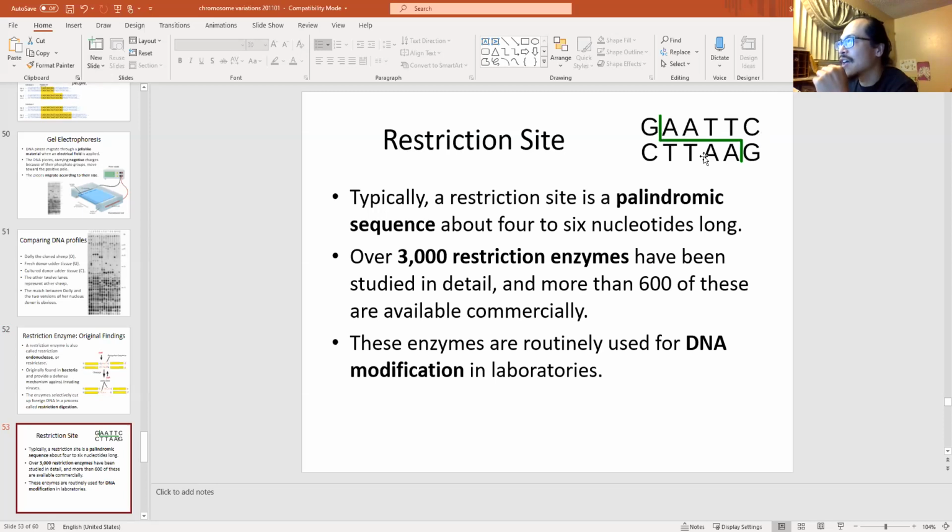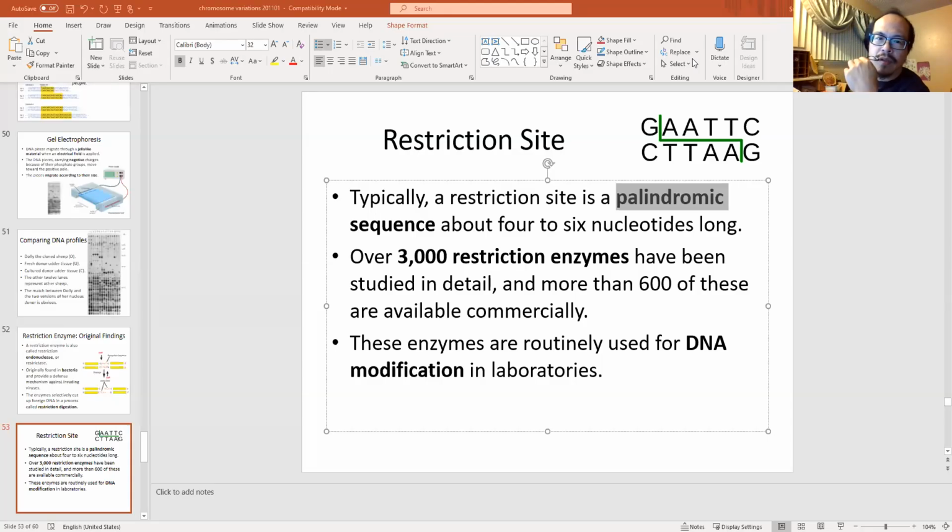GAATTC, GAATTC. So that is, we read forward, backward, that's the same one. So that's this palindromic sequence.